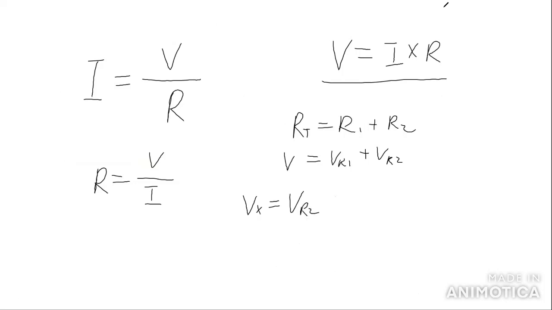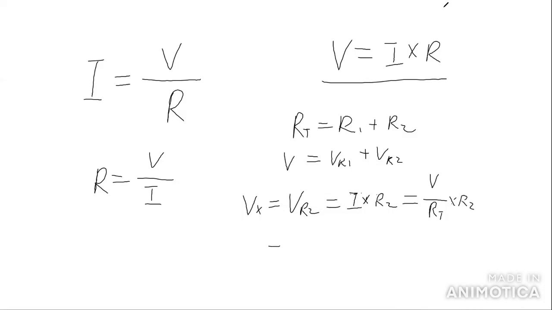VR2, okay? And in fact, we already know that the current is V over, so VR2 should be current I times R2, right? And the current is what? Current is V over RT times R2, okay?